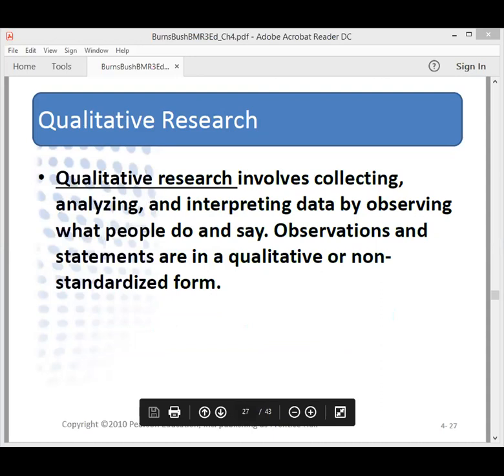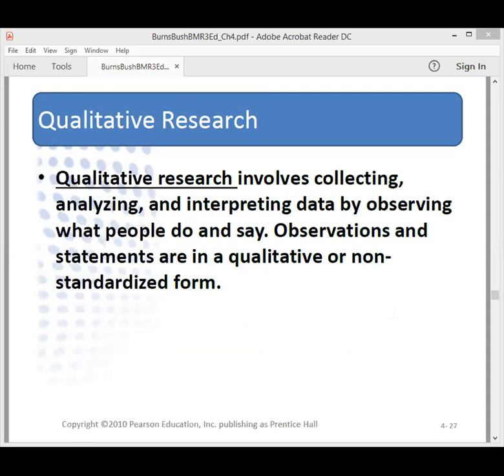Qualitative research involves analyzing the collected data and interpreting that data by observing what people do and say. So it's not going to be nearly as broad a net. You're going to focus in on a few people that you believe can provide insights into a certain phenomenon.